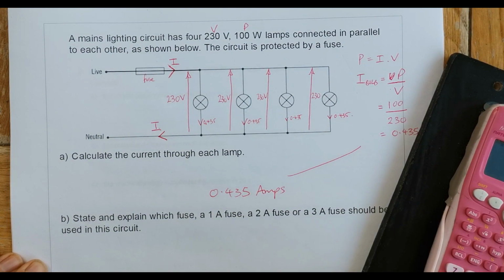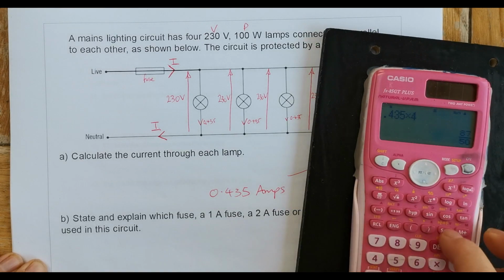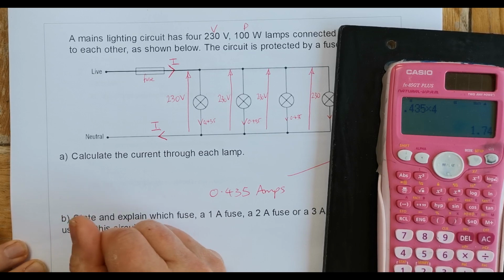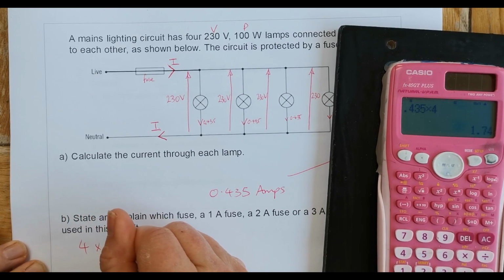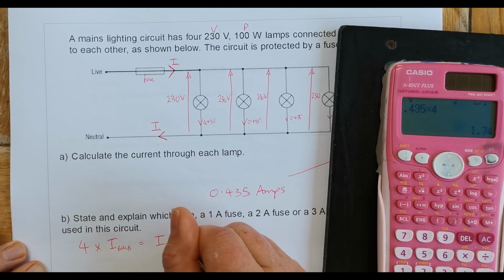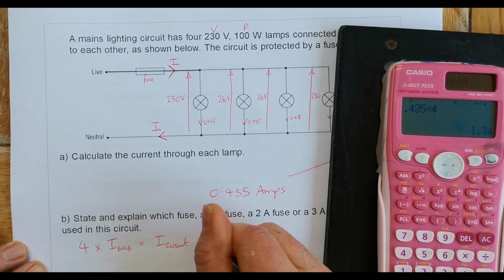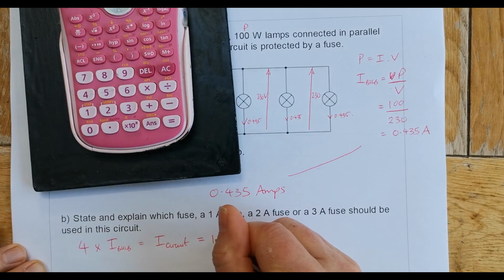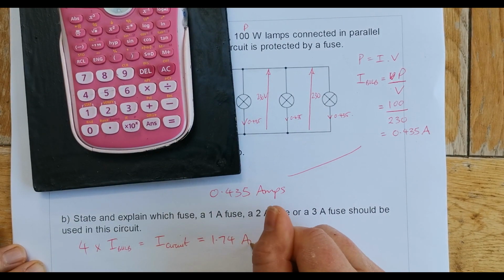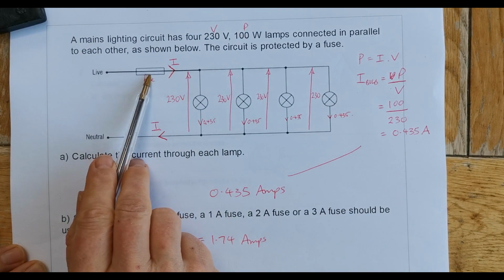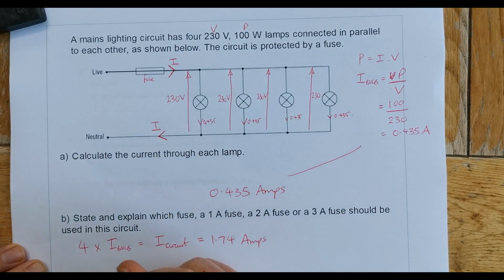So 0.435 times 4 equals, 4 times I bulb is equal to the current in the circuit, which is 1.74 amps, because the circuit in here where the fuse is providing 4 bulbs.